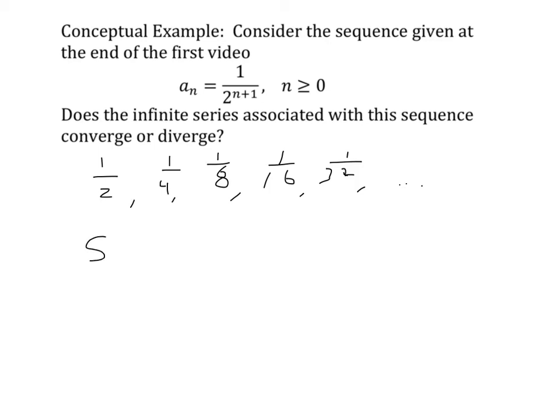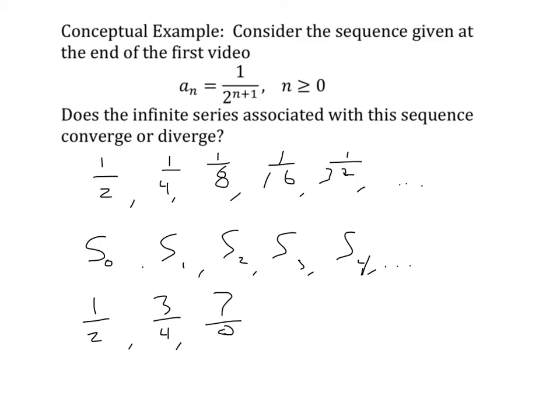I'm going to have to look at the sequence S0, S1, S2, S3, S4, and so on. So, S0 is 1/2. We even saw in the previous video, it was 1/2, it was 3/4, it was 7/8, and I could keep going for you. It'll be 15/16, and then 31/32.